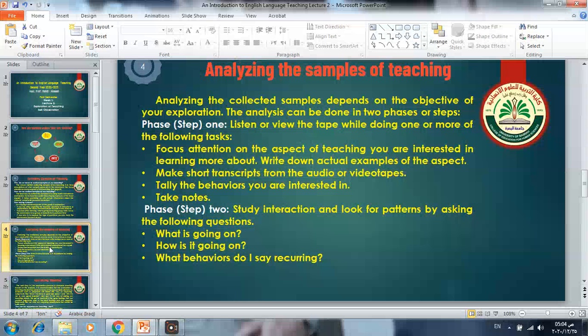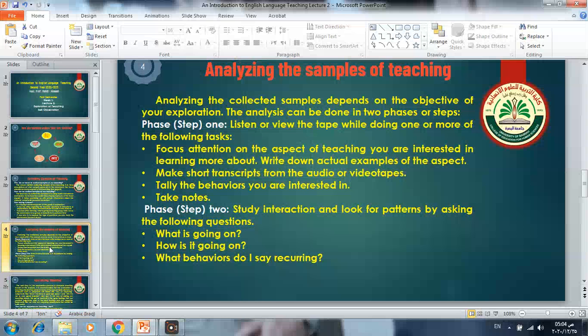Step two: study interaction and look for patterns by asking the following questions. So you study the kind of interaction that is actually happening inside the classroom, and you look for patterns. What is repeated frequently, we consider as a pattern.